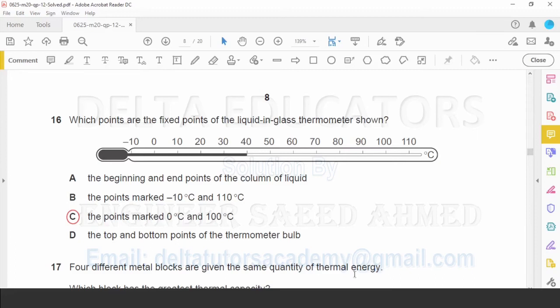So here two points are taken, that is given in option C. The points marked 0 degree centigrade and 100 degree centigrade. These points are considered as reference points for the calibration of a liquid in glass thermometer. So here the correct option is option C.